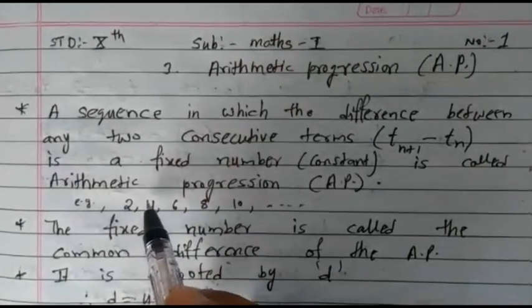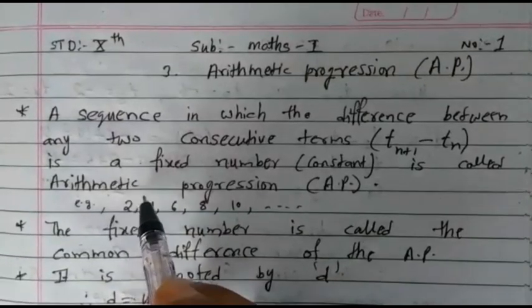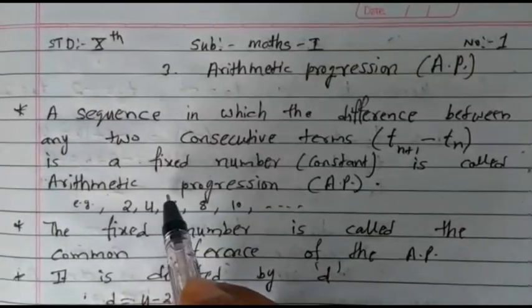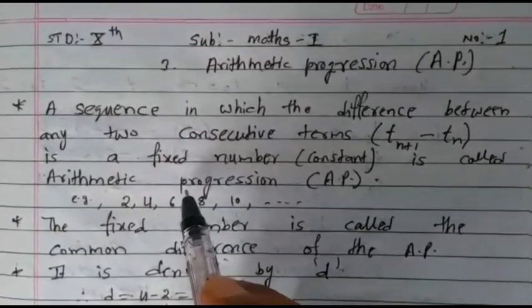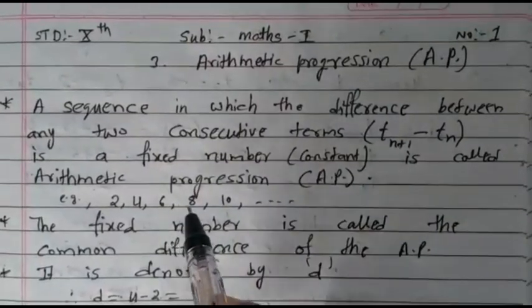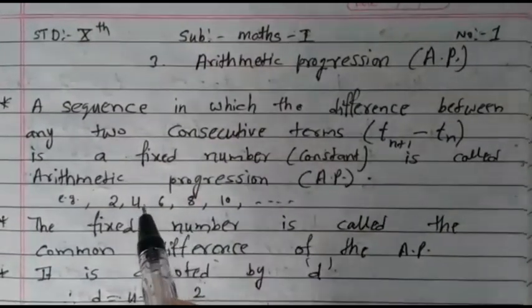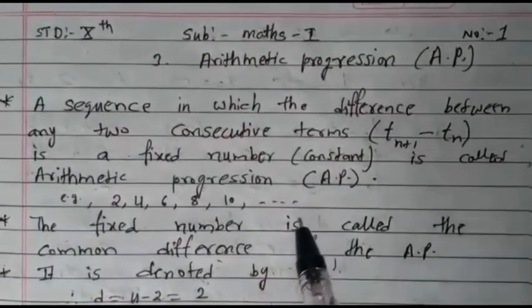Now if we find the difference, t2 minus t1, 4 minus 2 is 2, 6 minus 4 is 2, 8 minus 6 is 2. So this 2 is known as a fixed number or constant number. That is known as an arithmetic progression or AP.